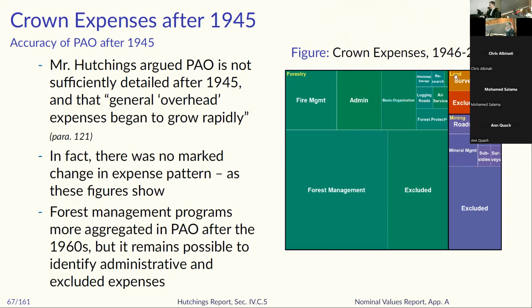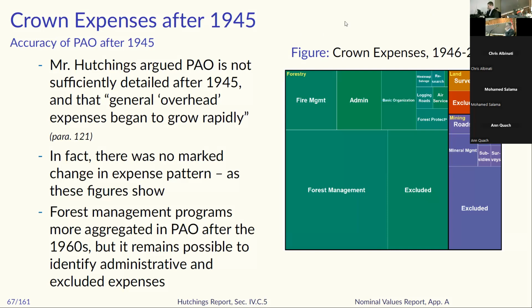And so the question that I asked earlier, where do you get the information about forest management, the size of this block? You make an inference. I make a categorization of specific line items that we find in the PAO year by year. I assign them to one of the categories you see here based on the words that are in the PAO and the other things that I know by reading other sources.